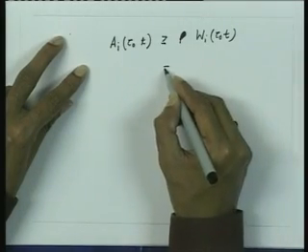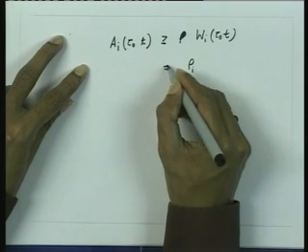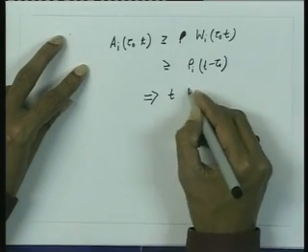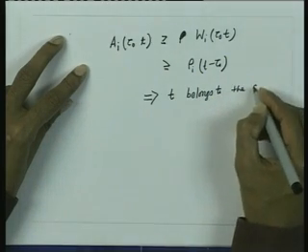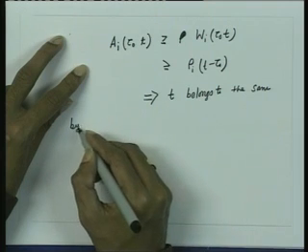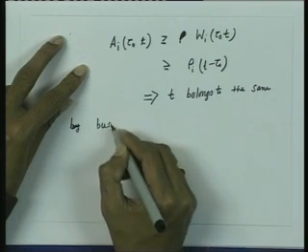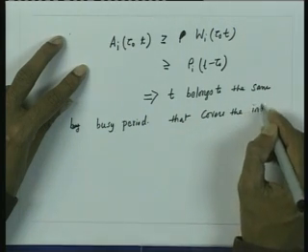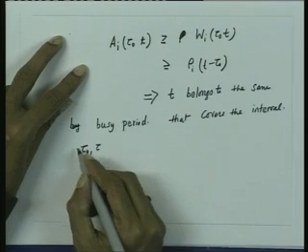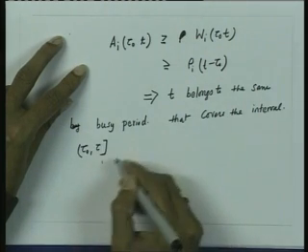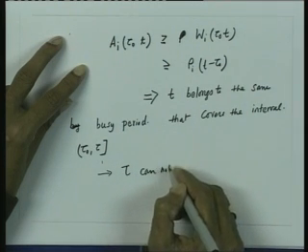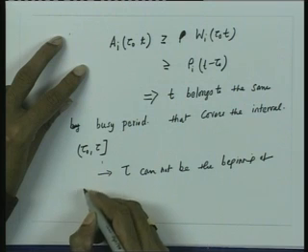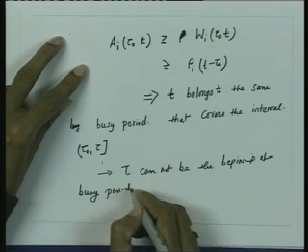Now which also means that this should be greater than or equal to rho I t minus tau, which also means that t belongs to the same BZ period that covers the interval tau naught to tau, and therefore tau cannot be the beginning of the BZ period.